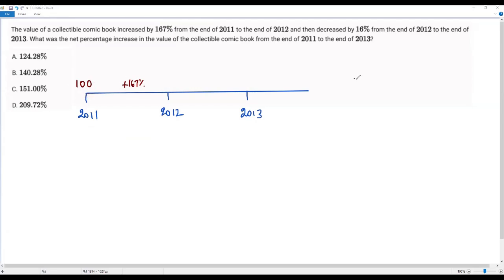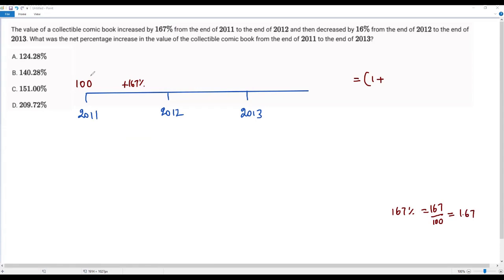So for that, the formula is, let's say, 1 positive. Now we have to convert 167% to decimal. So we write 167% as a fraction, 167 divided by 100. When you divide 167 by 100, I am getting 1.67.